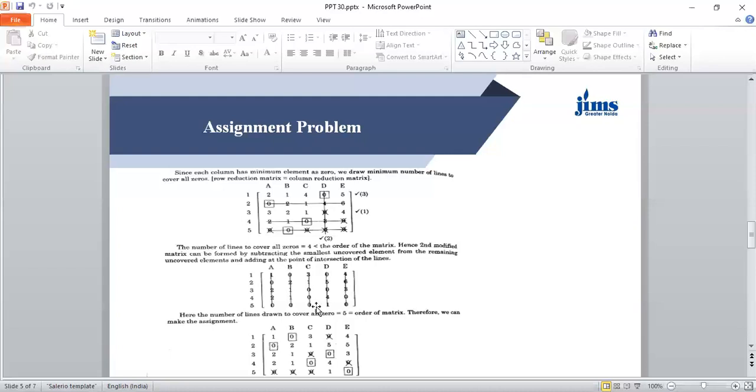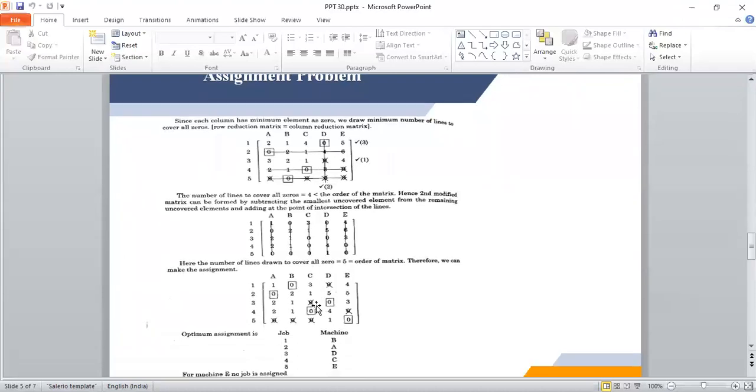Now we do the assignment. The assignment is best when you start where you have the minimum number of zeros in any row or column.